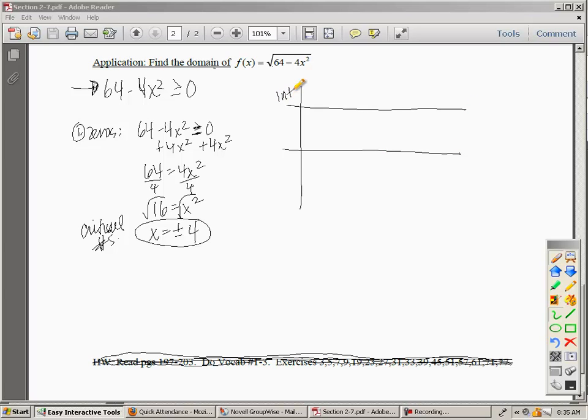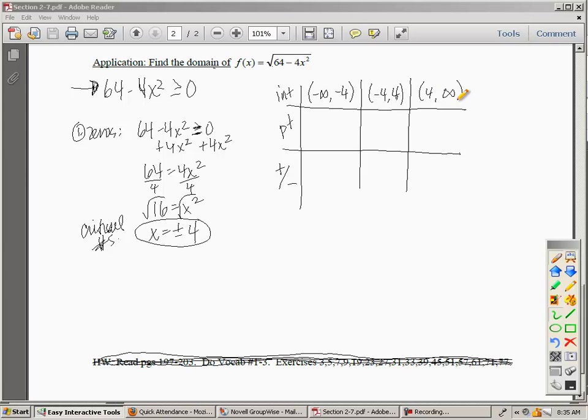I'm going to pick a point, and then I'm going to decide, is it positive or negative? So I have a 4 and a negative 4, which means I have 2 critical points. That means it's going to split my number line up into 3 intervals: from negative infinity to negative 4, from negative 4 to 4, and from 4 to infinity.